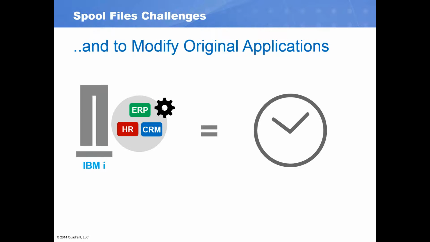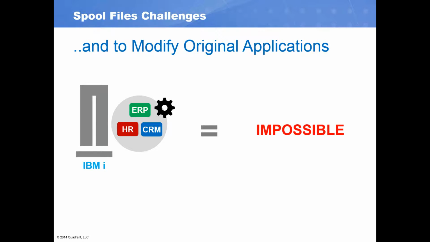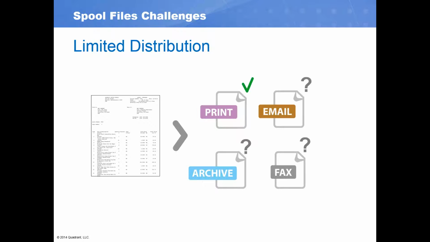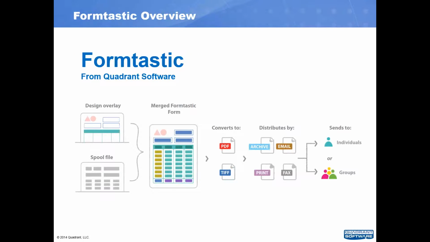In fact, recoding the original application to format a spool file is a very time-consuming development initiative. And in some cases, if your spool files are being generated from a prepackaged application that can't be modified, that simply is not an option. Now, once the document is created, you still have to worry about manually distributing and archiving these documents.